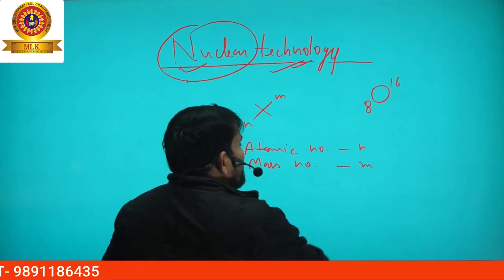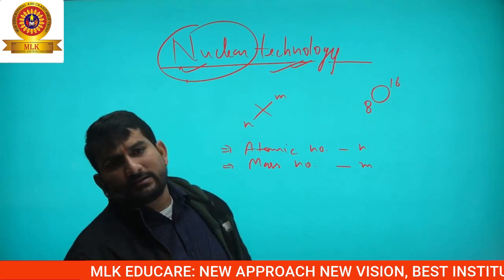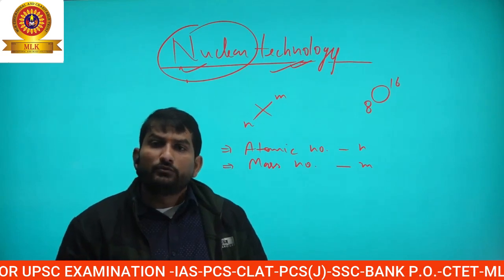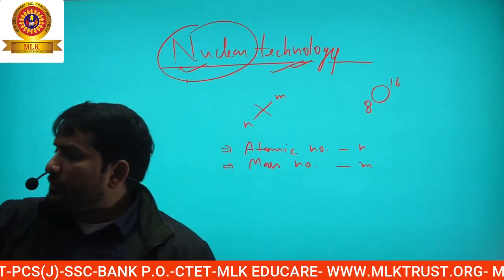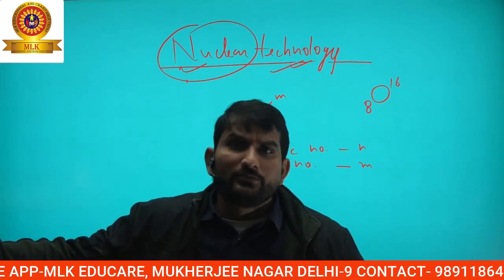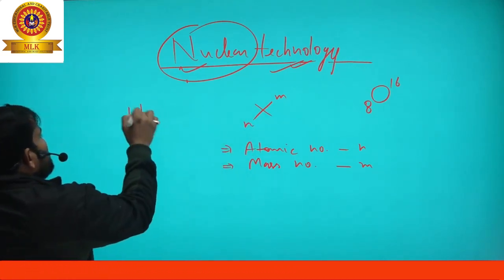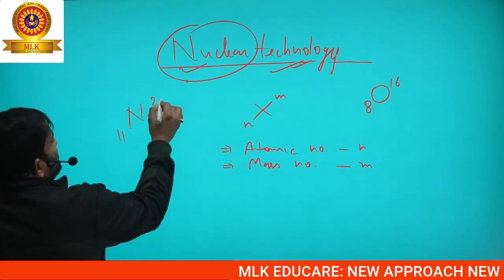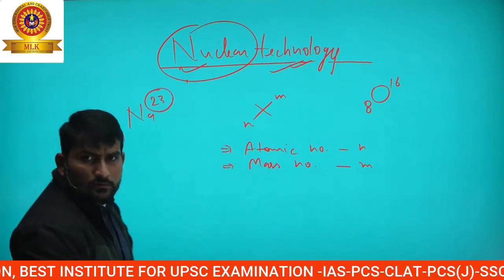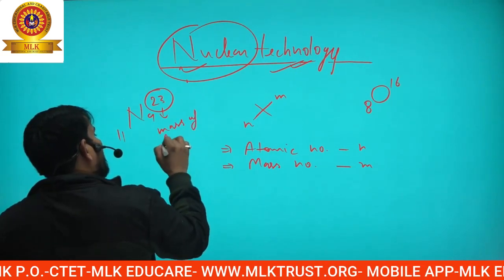So what is the atomic number and what is the mass number? Actually, the mass of the atom exists in the nucleus of the atom. That means the mass of the nucleus of an atom shows the mass of that particular atom. For example, if here is sodium, it is 11, 23. So this 23 is the mass number, and this is the mass of the atom.